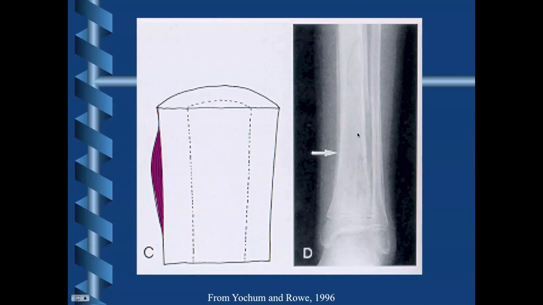So this would be a highly aggressive tumour. It's widespread, with imperceptible margins, and now we have this layered periosteal response, and that is probably a Ewing sarcoma of the mid to distal tibia.